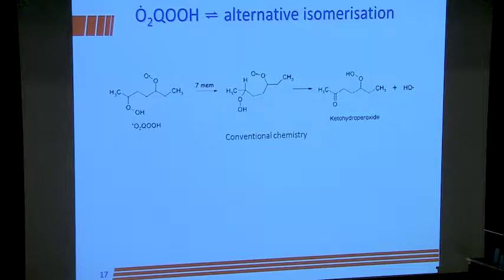So here we have n-heptane. We've abstracted a hydrogen atom, a secondary hydrogen atom. We've undergone isomerization, and we've added the radical to O2 again. So we're at the O2-QOH stage. This species can abstract a hydrogen atom from here. Why?